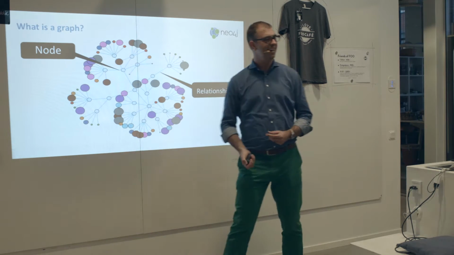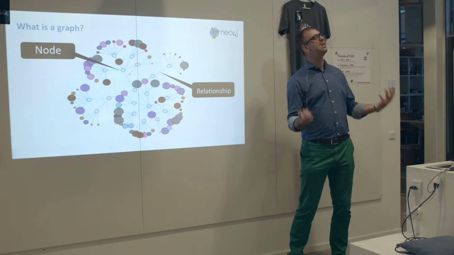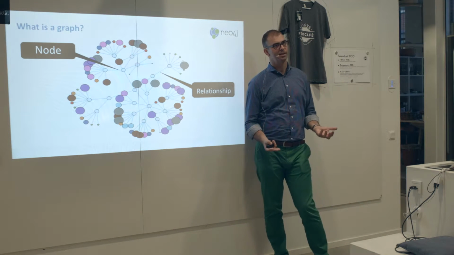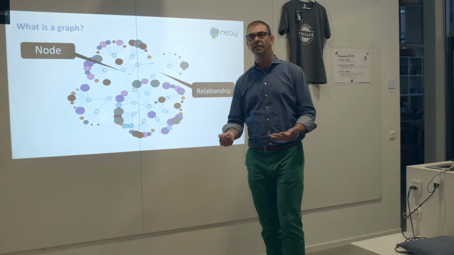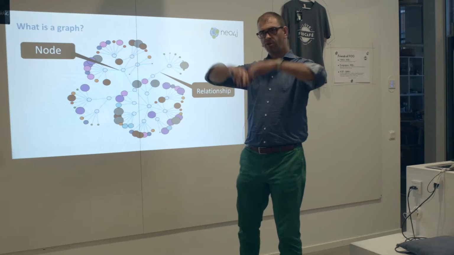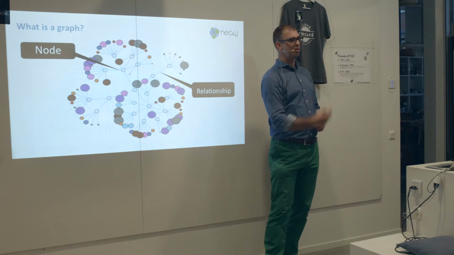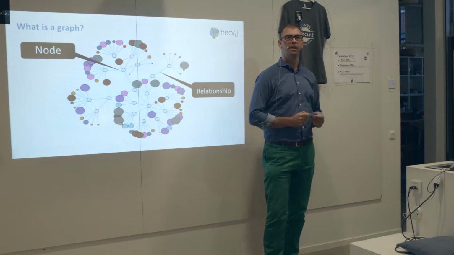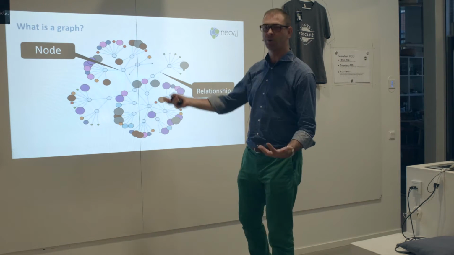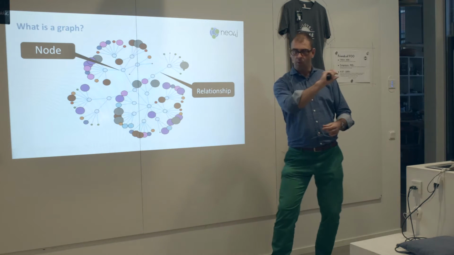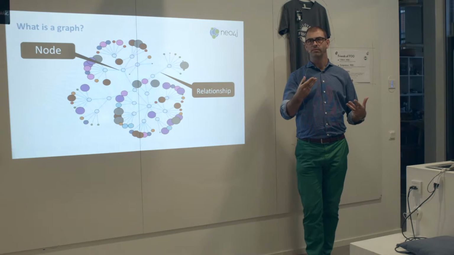No, but it's the equivalent of the row, of the record. It's an instance of an entity, right? So if I'm storing people, then one person would be a node. If I'm storing computers, one computer would be a row, would be a node. It's like one row in a table, right?